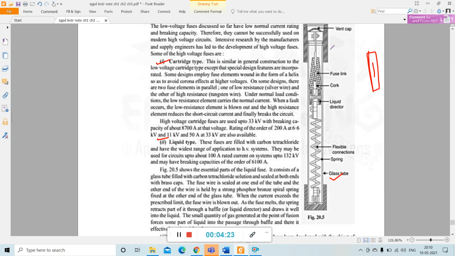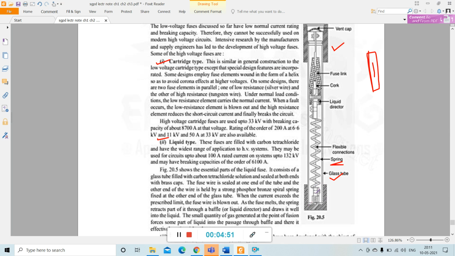This is the one end where the fuse wire is fixed or sealed, and at the other end the fuse wire is held by a strong phosphor bronze spiral spring, fixed at the other end of the glass tube.